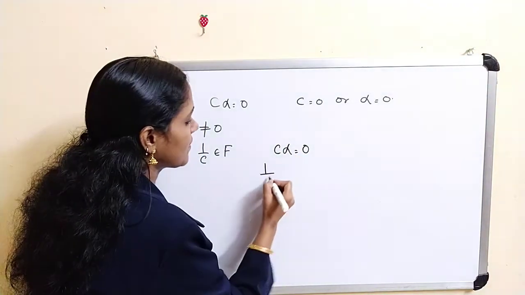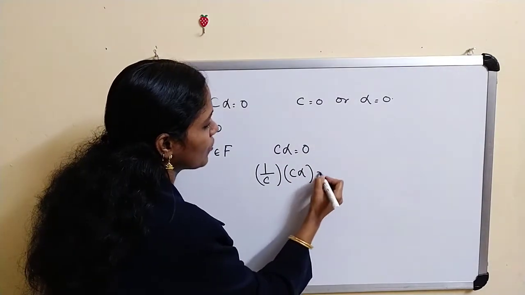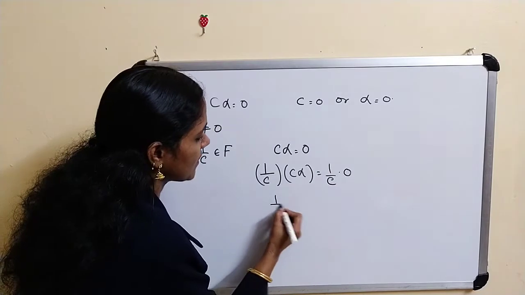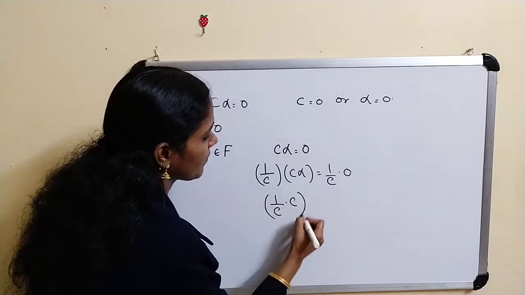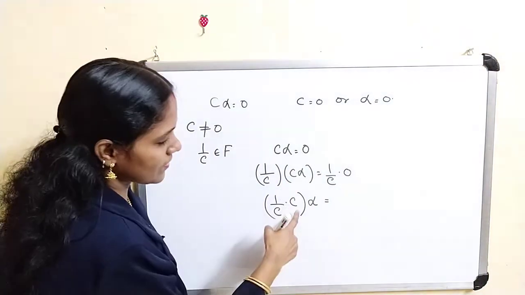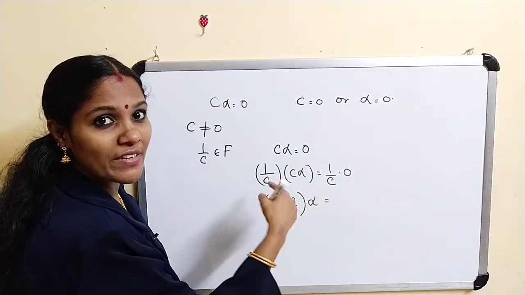Okay. Now the given condition is c alpha equal to 0. So if you multiply both sides by 1 by c, 1 by c into c alpha equal to 1 by c into 0. Now this is 1 by c into c alpha, and here it is not associativity, it is c1 into c2 alpha equal to c1 c2 alpha.